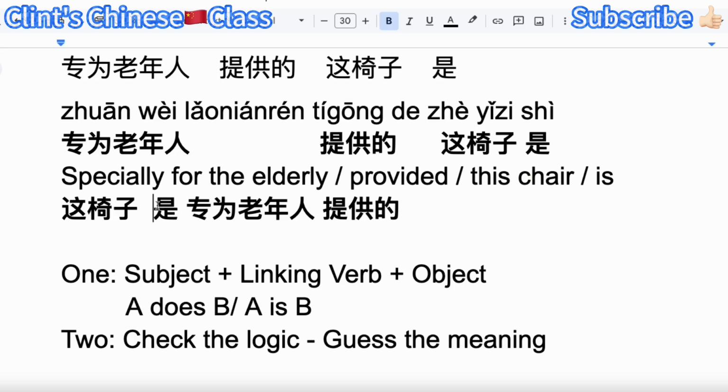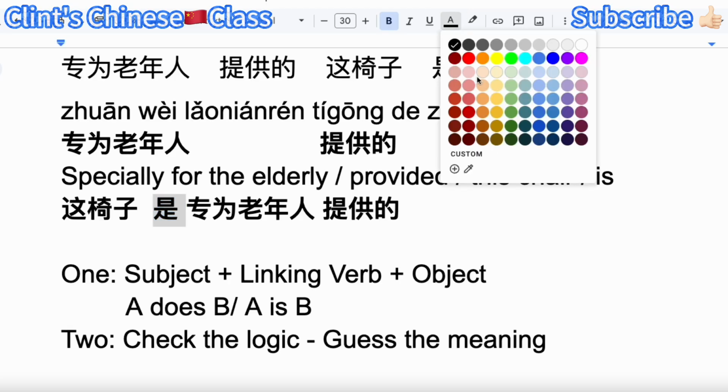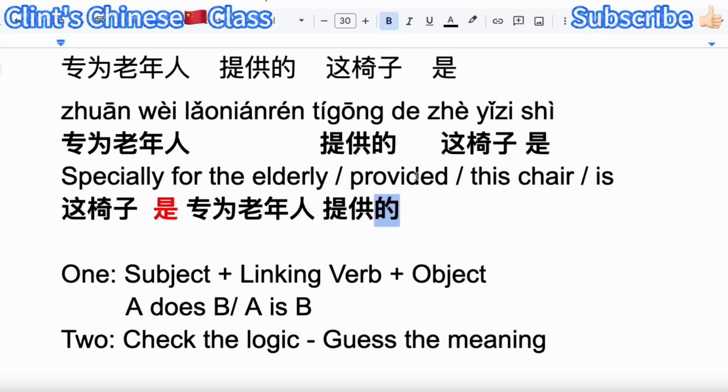This 是 and 是 something 的 phrase. This is called emphasis structure. In the sentence, you will pick the piece of information and then emphasize it. You see?